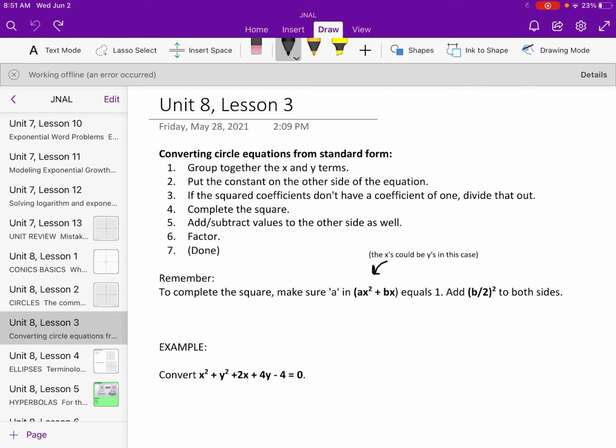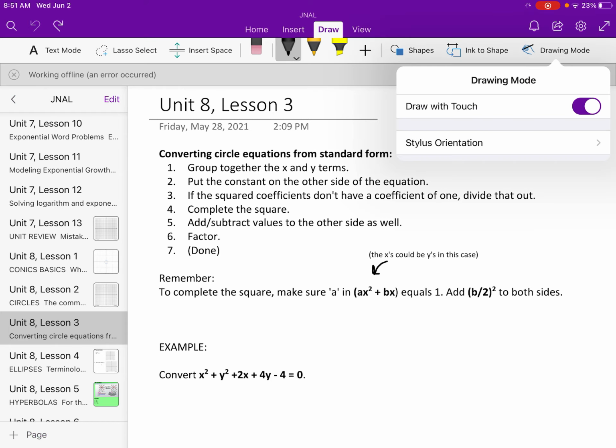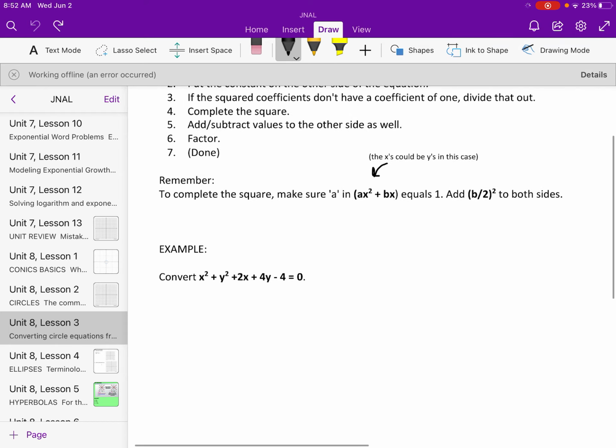Then you can complete the square, which we'll remember how to do with the b divided by 2 squared. Then whatever you add and subtract on one side, you have to do the same on the other side. And if you have something that you multiplied or divided out by factoring, then you need to multiply that by whatever you add. And that might not make sense right now, but we'll see.